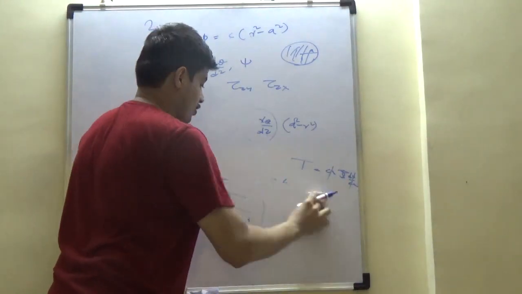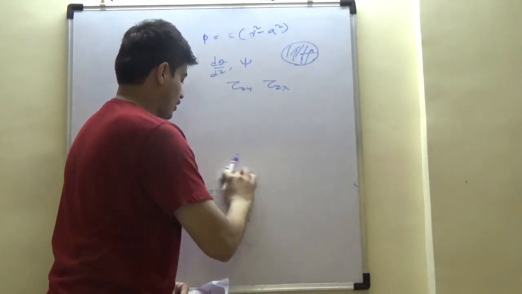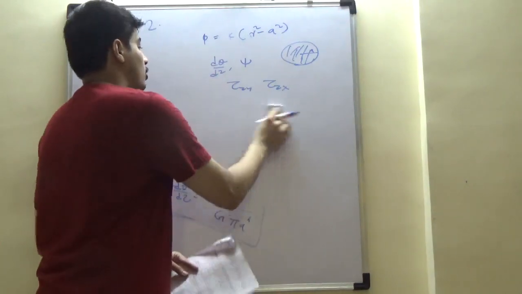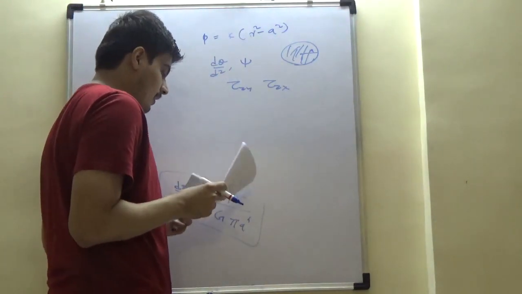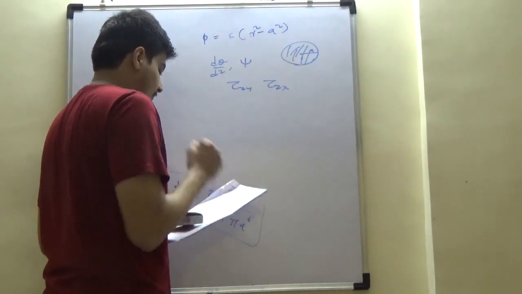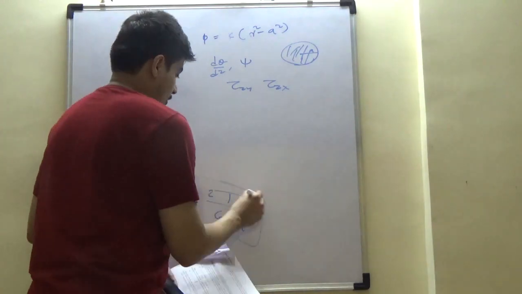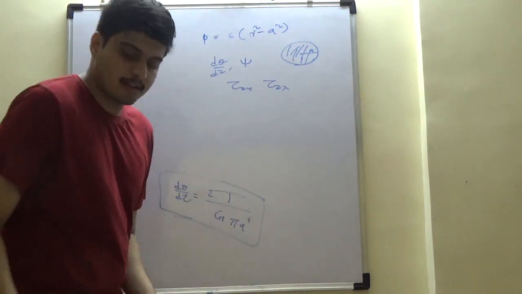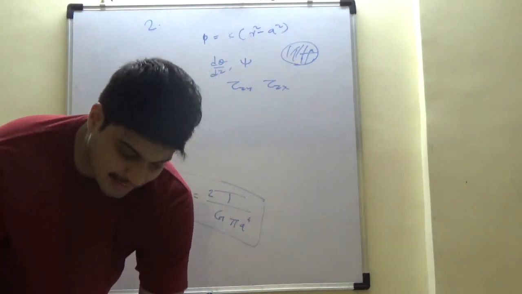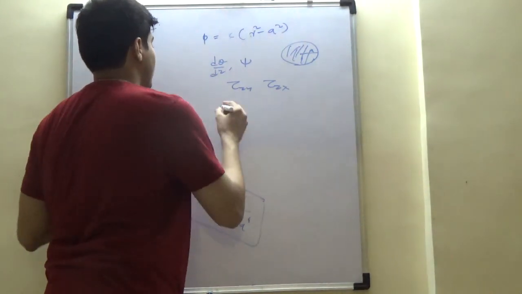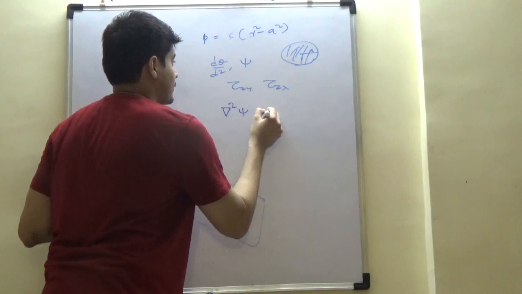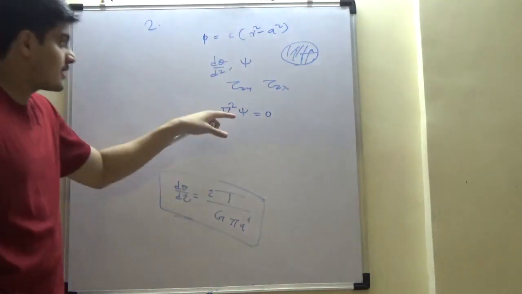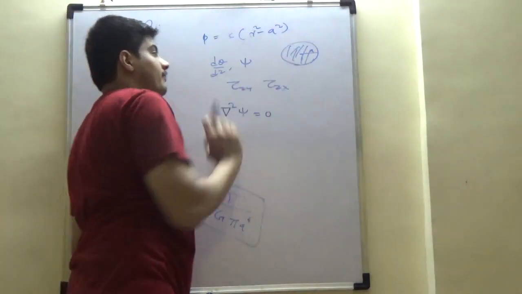Now the warping function, right? In the warping function we looked at the two governing equations that are important. First of all, the most important thing is you have to have a function which satisfies the conditions: del square psi is equal to 0, and psi on the boundary is going to be 0.